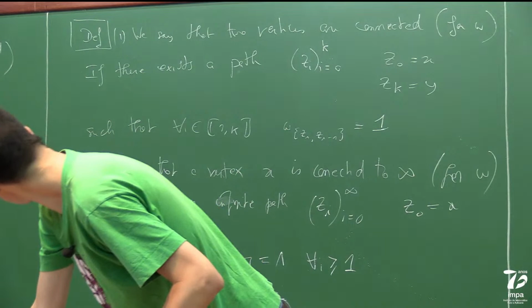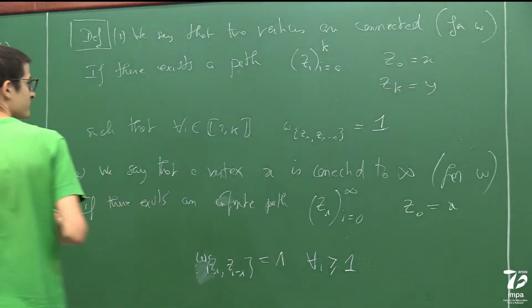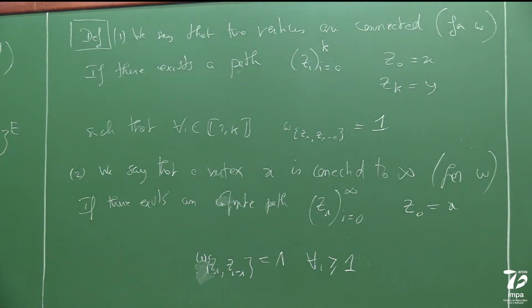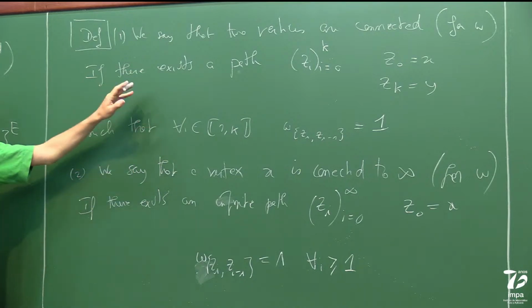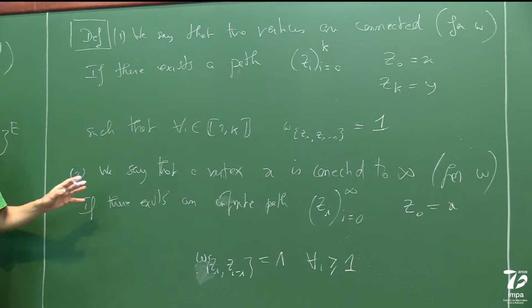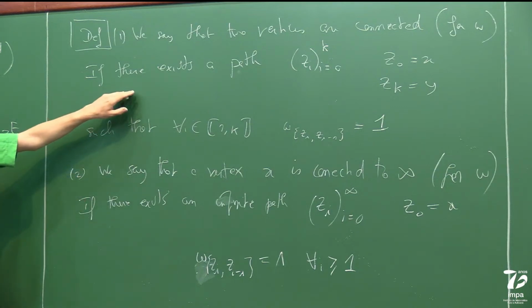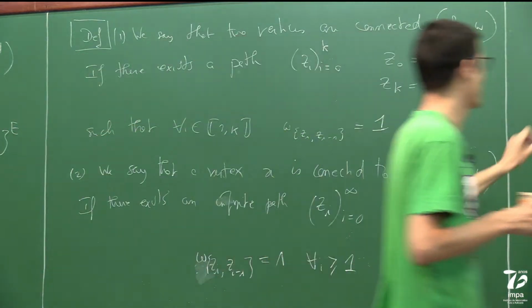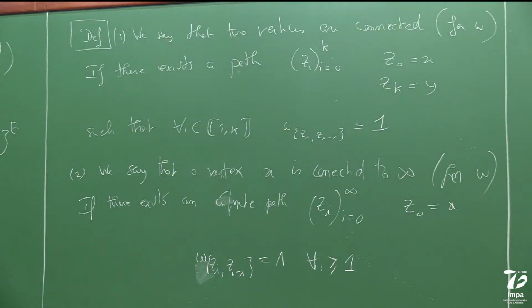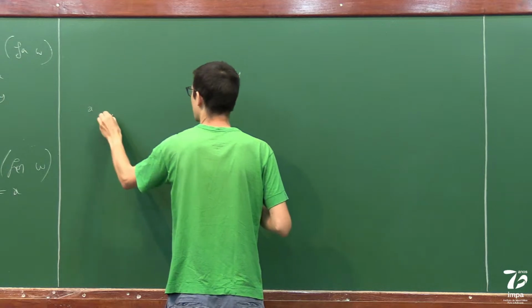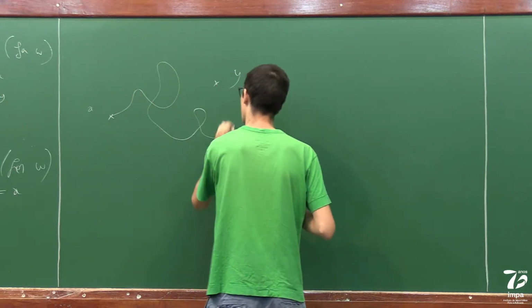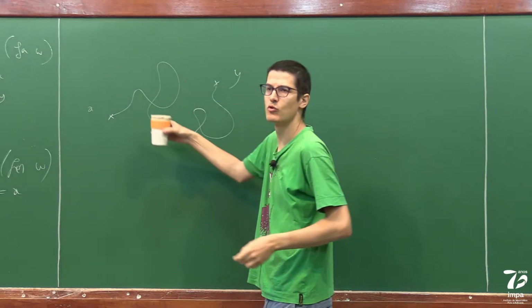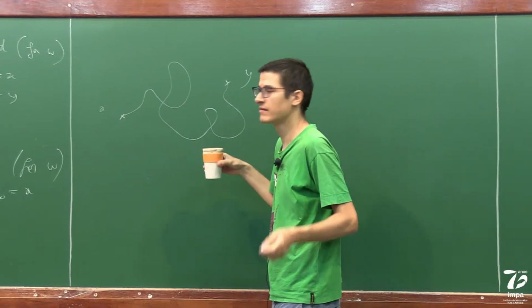Okay, so here there is something that is kind of implicit when I say a path. When I say a path, I mean something which is self-avoiding. So I'm not allowed to visit the same points twice. It's not really important for the first definition, because if you have a path linking x to y of open edges, you can just erase the loops and you will get a self-avoiding path.